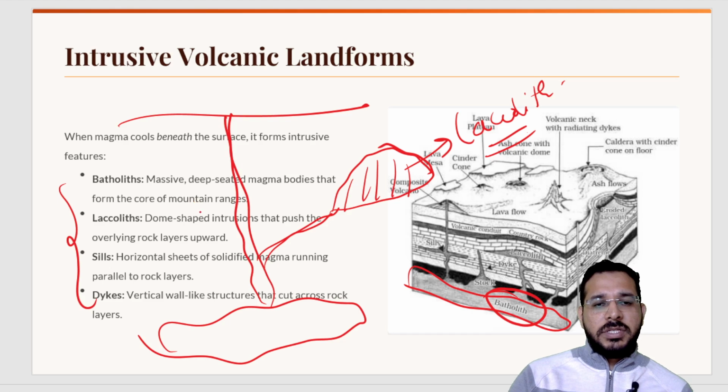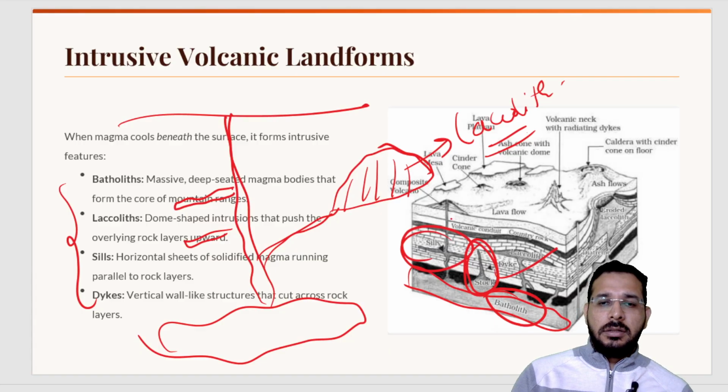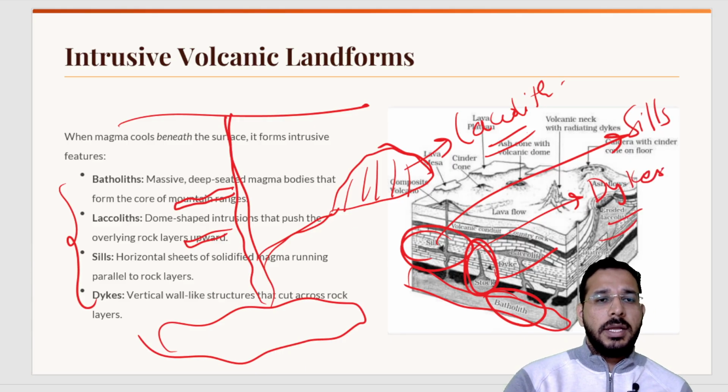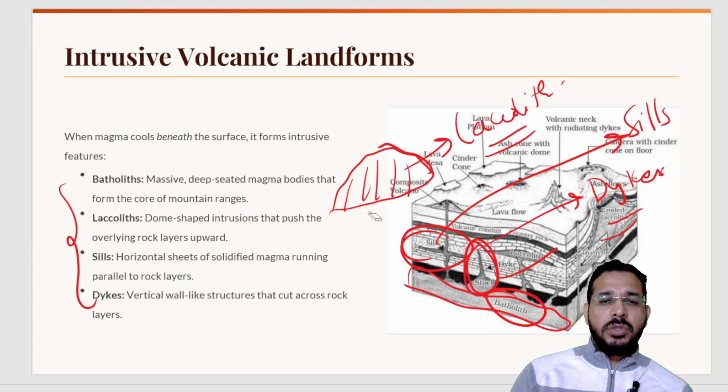Now we also have sills and dikes. Sills means horizontally. These types of structures are called sills. Here you can see sills over here. Dikes means they are solidifying vertically. These are dikes. So these are sills, these are dikes, etc. These are all intrusive volcanic landforms.